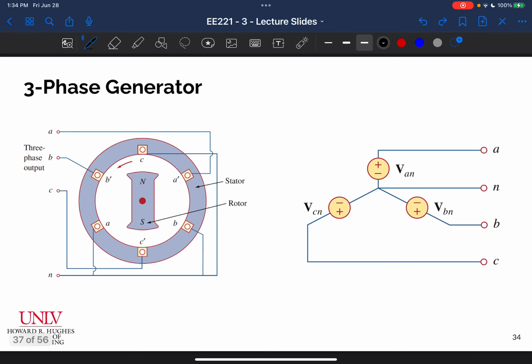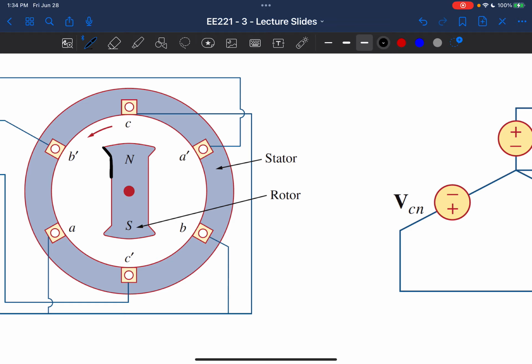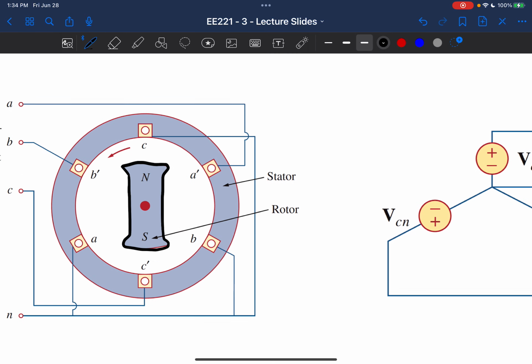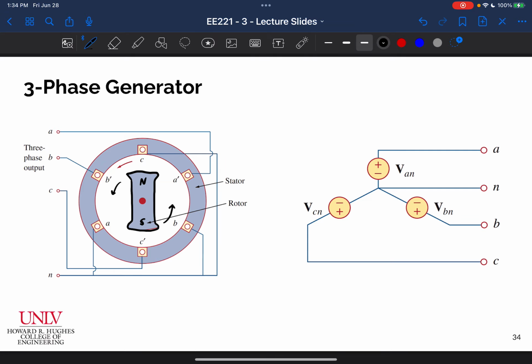And lastly, I want to just show what the three-phase generator actually is. In real life, when things are spinning around in a circle, this is a magnet. This is another figure from the textbook. A lot of these figures I'm taking are from the textbook. And so this is a magnet with a north pole and a south pole. When this magnet rotates in a circle, rotating past some electrical conductors, it will give rise to voltages, right?